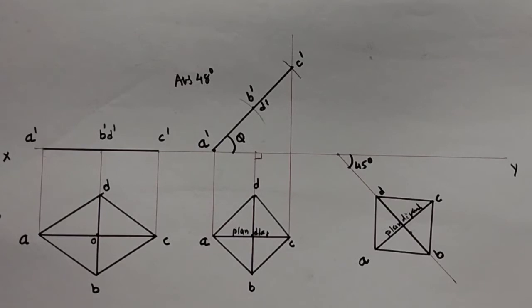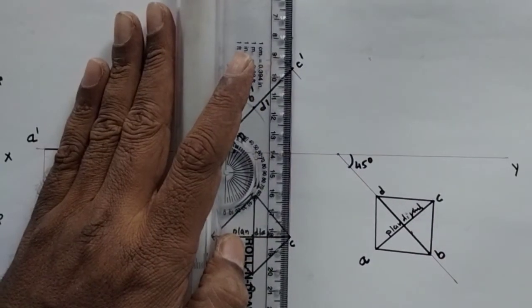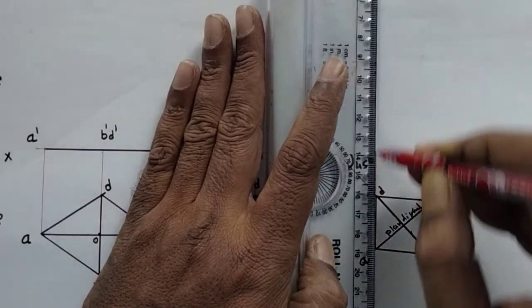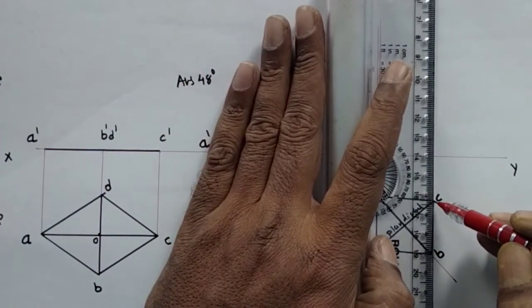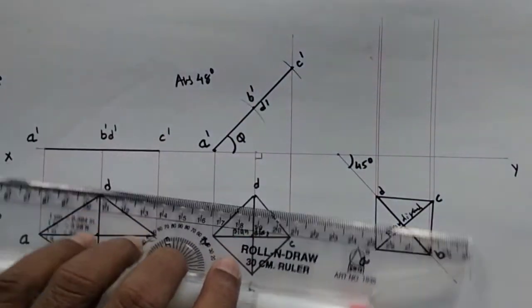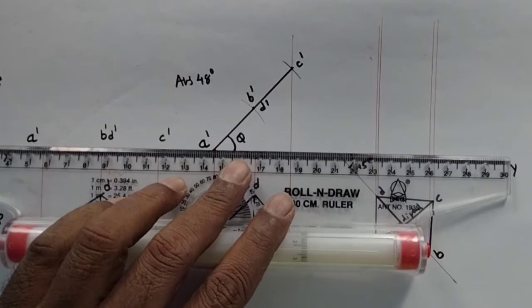Now we know when the plate is inclined to both the planes, the elevation is the surface. So for that what I do, just we collect the vertical projection. So I draw the vertical projection from all the corners and horizontal projection from the previous elevation.